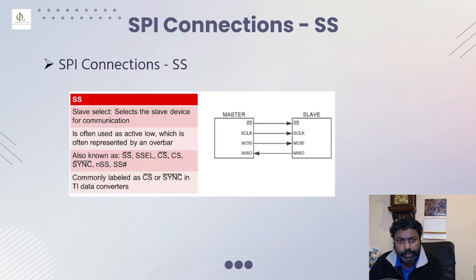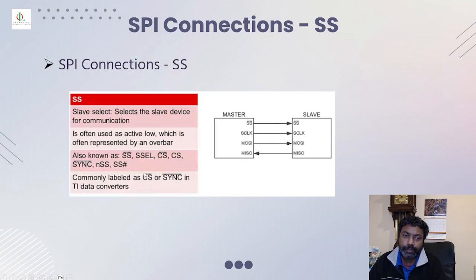Now let's see how the slave select works. Slave select selects the slave device for communications. It is often considered active low. As you can see, there is a bar over SS, slave select, and this is sometimes called by other names, known as SL or CS bar, chip select bar, or chip select sync.